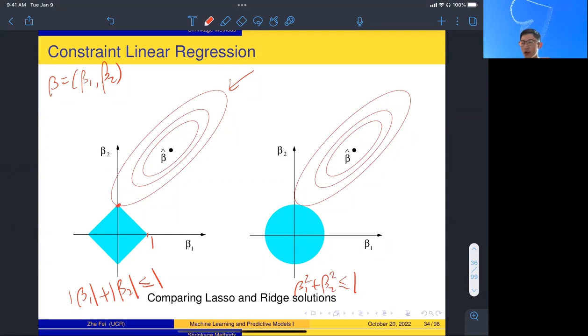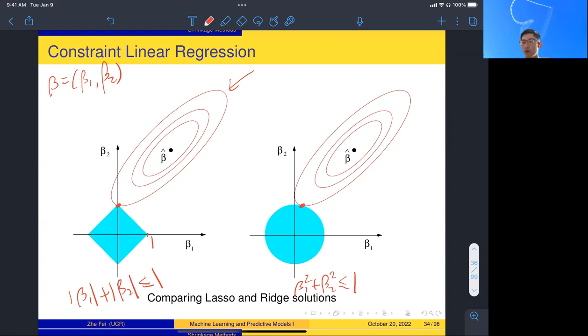When the contour lines intersect with the constraint, that's our beta 1 hat, beta 2 hat solution. The major difference here is that because of the L1 constraint, the intersection happens at the corner.